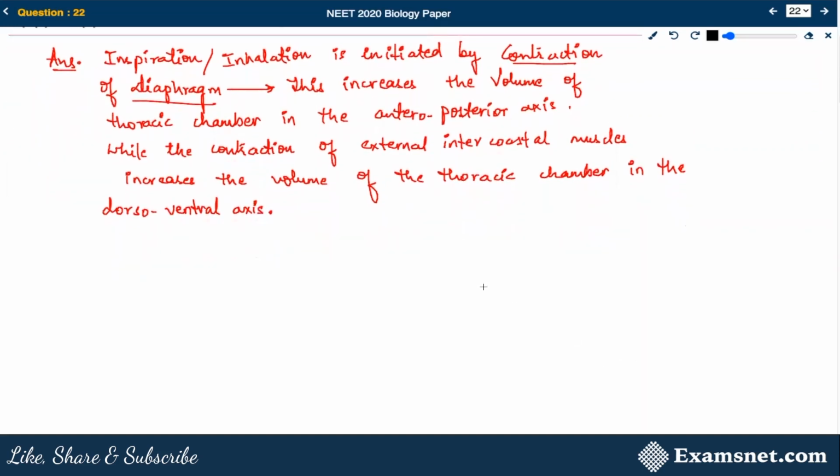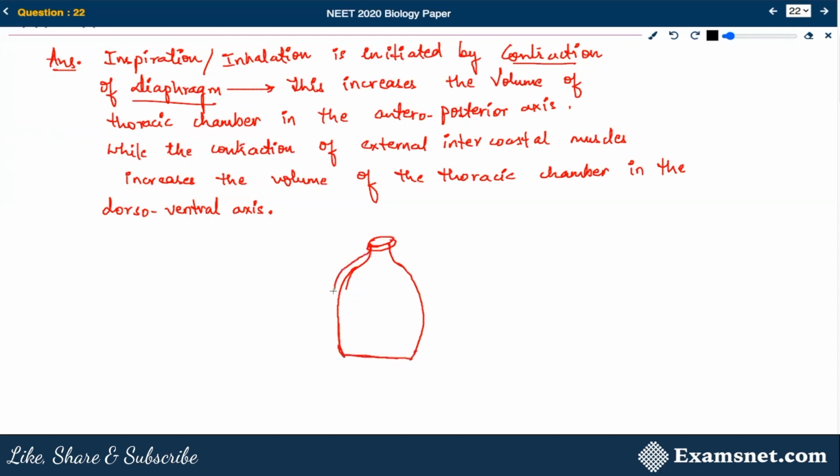So how does the process of inspiration actually take place? If I draw a sample figure, you will have an idea. The diaphragm gets flattened like this.